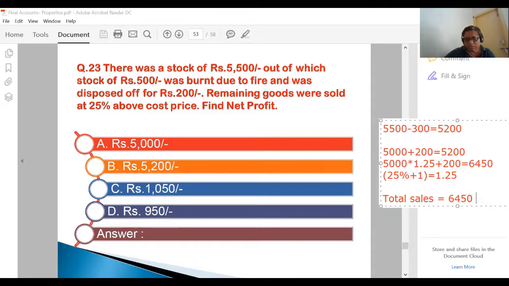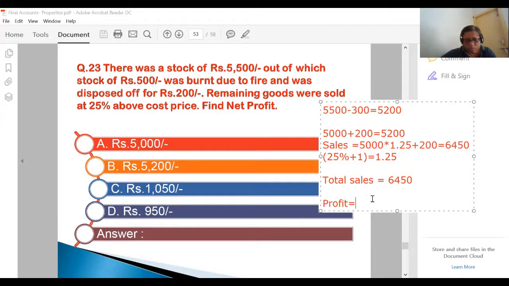Your effective goods sold, minus your profit, so you say sales, and profit is equal to 6,450 minus 5,500, that will give us 950 rupees.